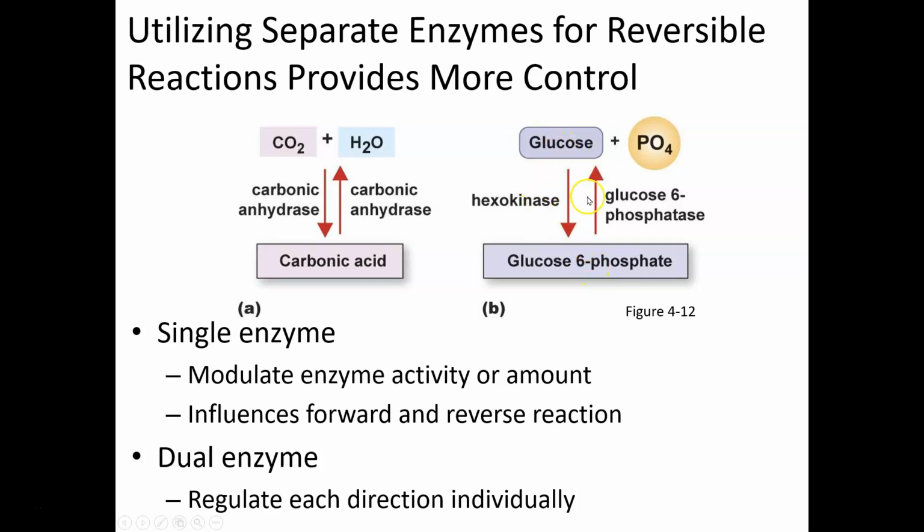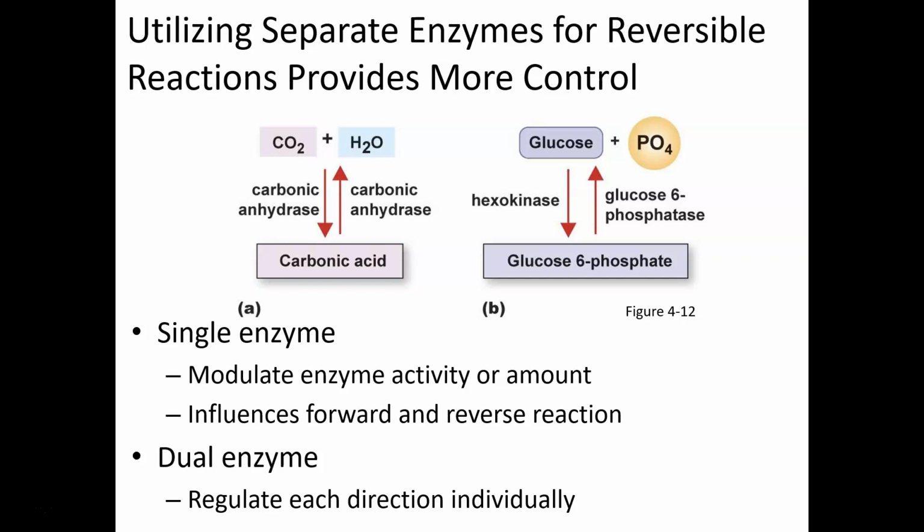By having separate enzymes, it does cause us to make more material, because we have to make twice as many enzymes, right? It does increase the possible chance of errors. The more enzymes you have to produce, the more chance you're going to have some sort of error in that production. But the bottom line is it gives you a tremendous amount of control.